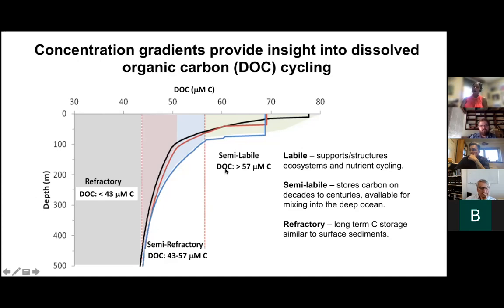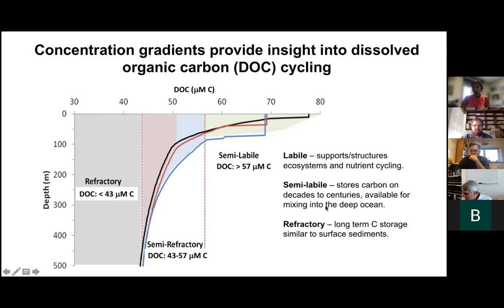If you look at these profiles from all around the world, what you find is that there's a fraction that has been functionally called semi-labile, which essentially refers to a reservoir that's cycling. It's the DOC accumulating in the upper ocean that's cycling maybe on decadal to centennial timescales.